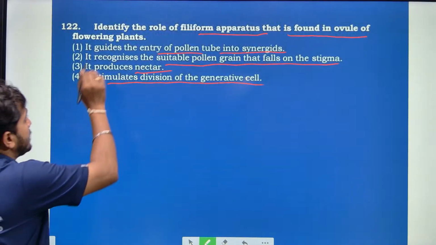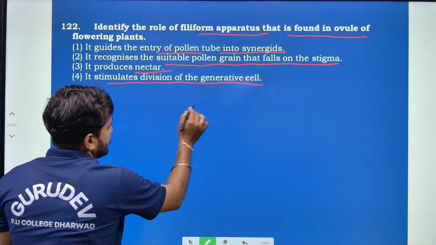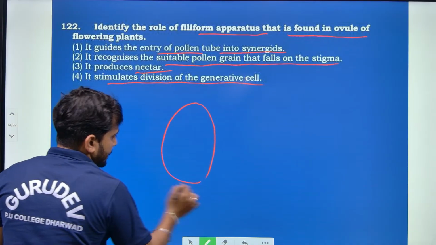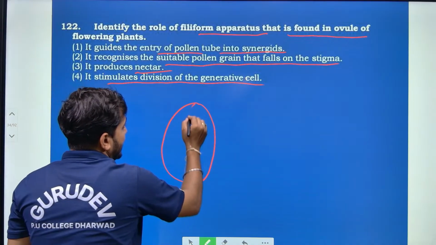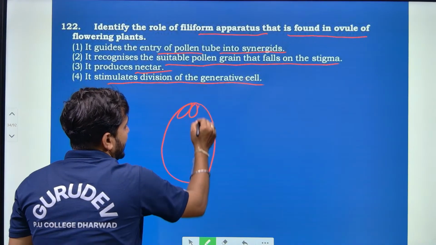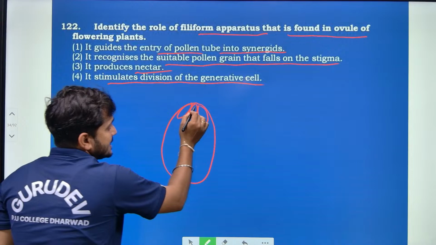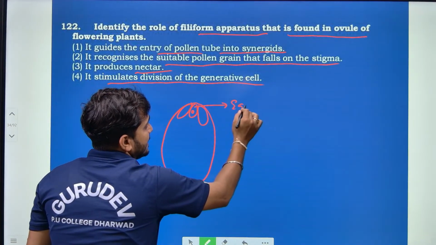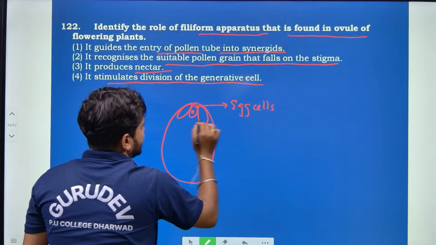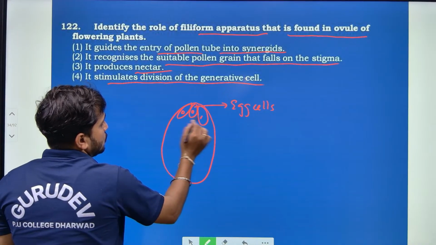According to this, the filiform apparatus is found in the embryo sac. Inside the embryo sac, at the micropylar end, we find the egg apparatus. The egg apparatus consists of the egg cell and two synergids.